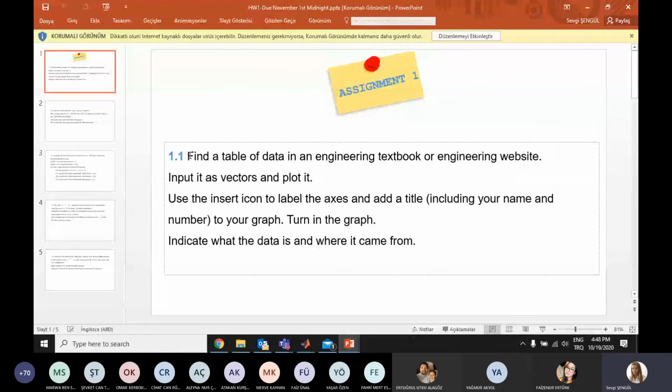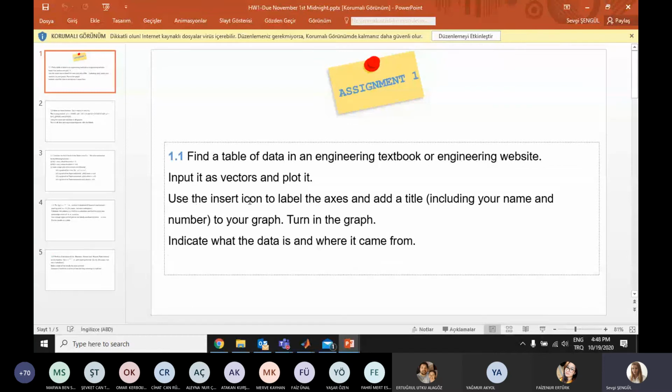So in the first question, you need to find the table of data. Make sure that you indicate what the data is and where it came from. Make sure that you do all those steps so that you can get full credit, because I will be checking if you put it as vectors and if you plot it.